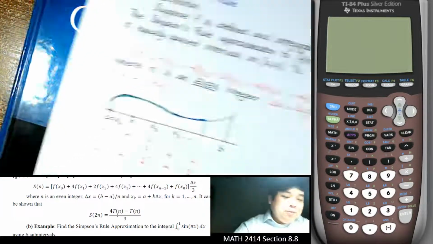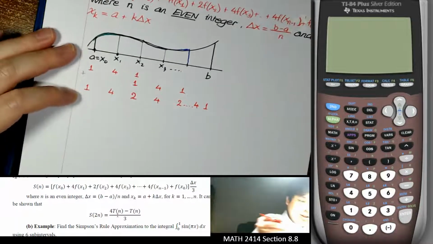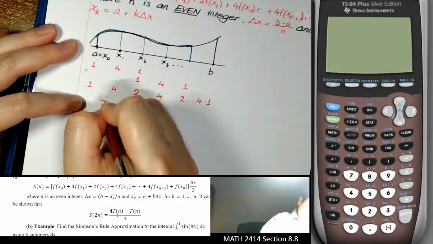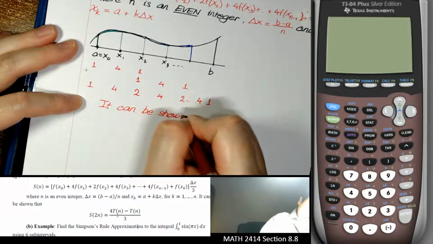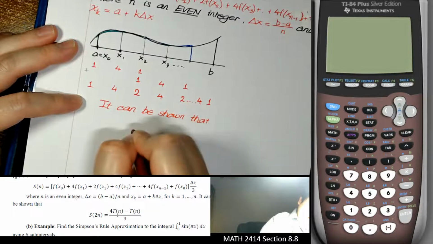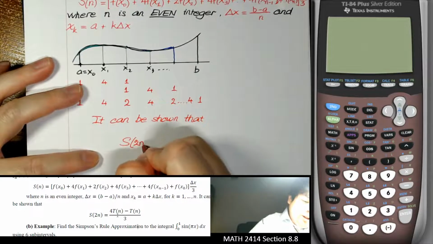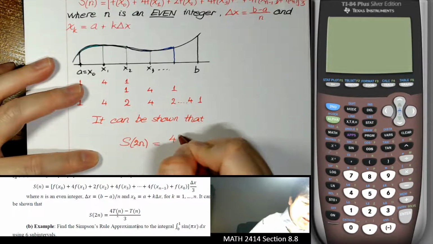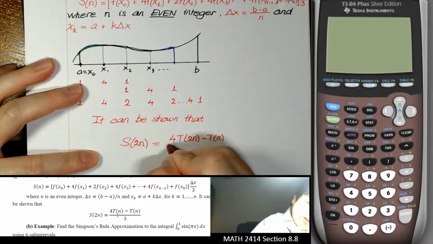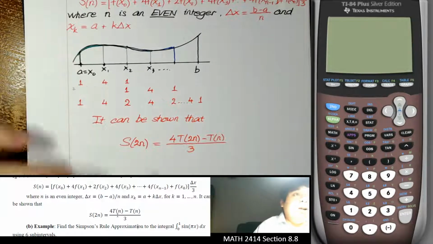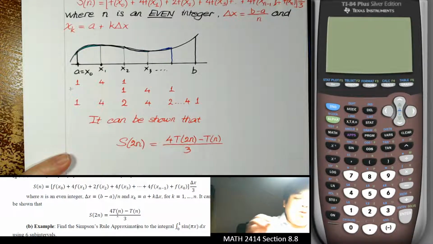Sorry, I forgot the 2 there. It can be shown that S of 2n equals (4 T of 2n minus T of n) over 3. One thing we need to know is that the coefficients are 1, 4, 2, 4, 2, 4, 2, and then 4, 1.